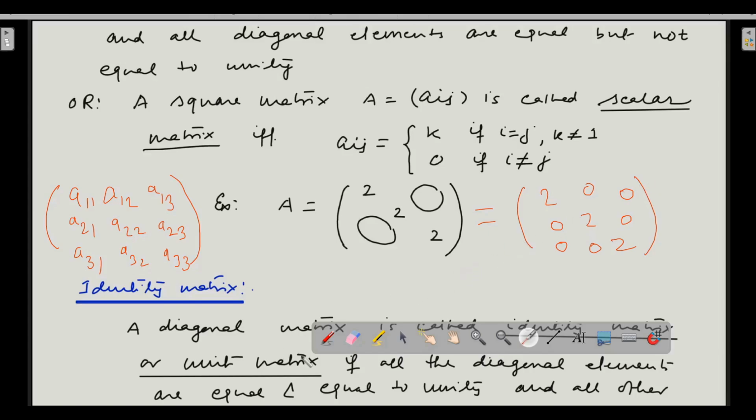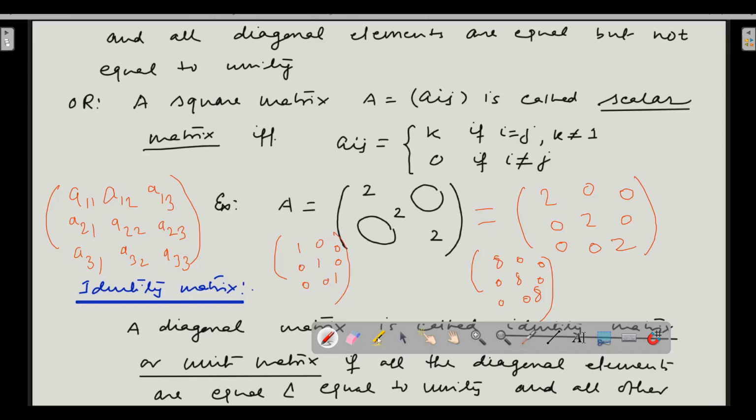Another example of scalar matrix will be something like this: 8, 8, 8, 0, 0, 0, 0, 0, 0. This is another example of scalar matrix, but this is not a scalar matrix: 1, 1, 1, 0, 0, 0, 0, 0, 0.